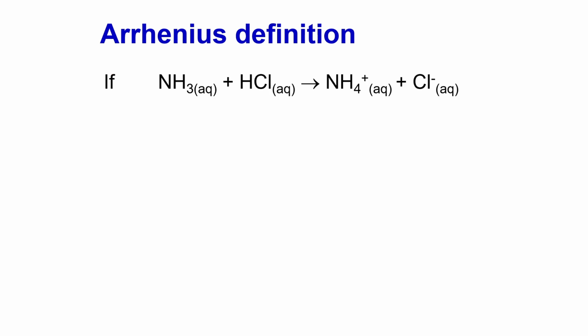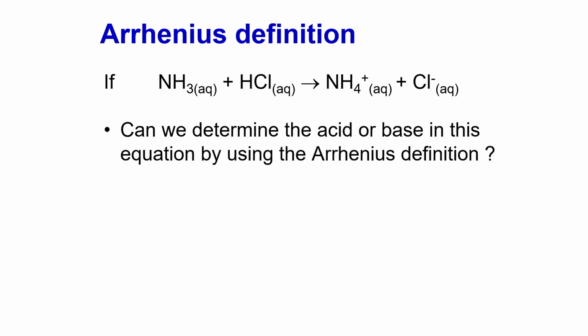So kalau according to Arrhenius definition, untuk this equation, can we determine which one is an acid ataupun base? No. Kita tak boleh determine menggunakan konsep Arrhenius. Because Arrhenius mesti ada air, reaction with water. Okay, so kita perlu new definition to accommodate this reaction untuk determine which one is a base and which one is an acid.